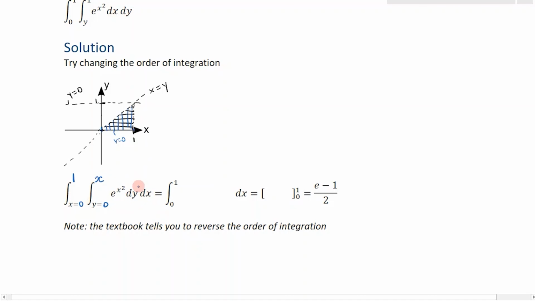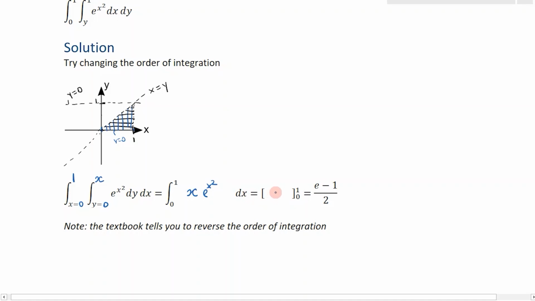Then we can integrate with respect to y. This guy is a constant as far as y is concerned. So we get e to the x squared times this distance from x to 0. Sorry, from 0 to x. So we get this. And now that has an antiderivative with respect to x that we can write down.